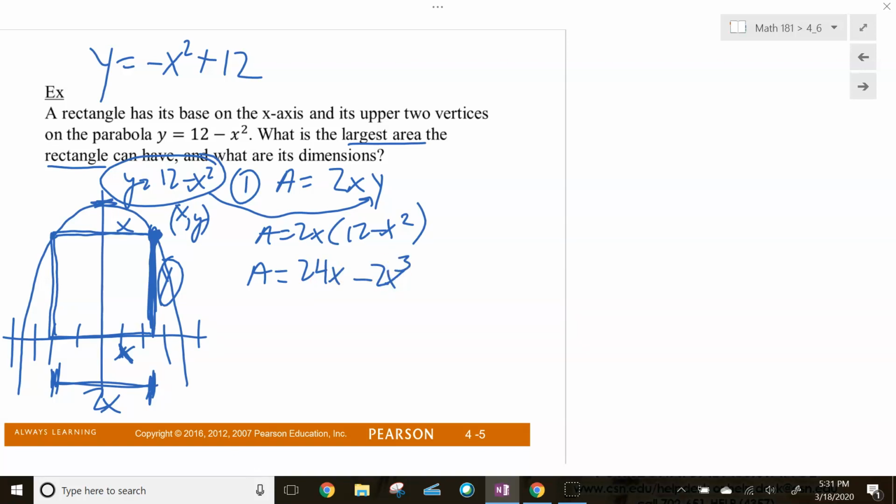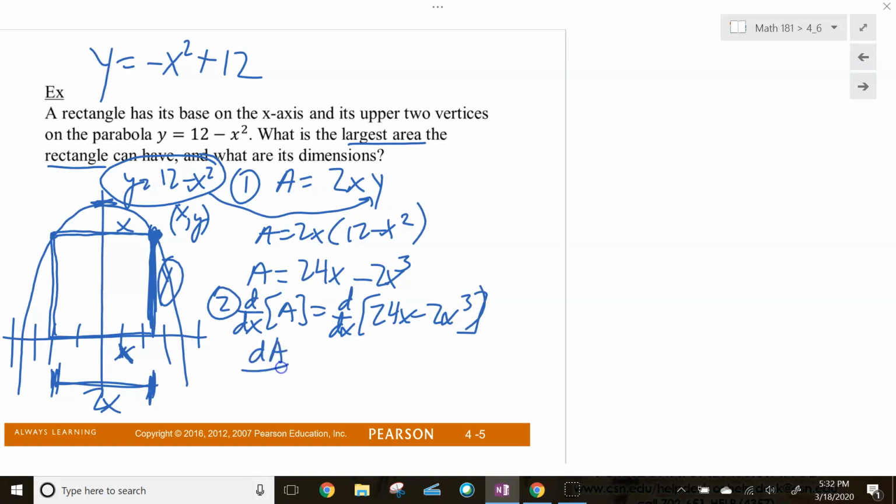Okay, now we're trying to maximize this. I have area only in terms of x right now, which is great because now I can take the derivative with respect to x to maximize it. So the derivative dA/dx equals 24 minus 6x squared.